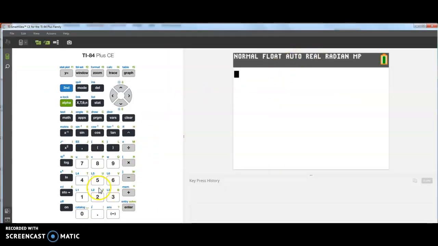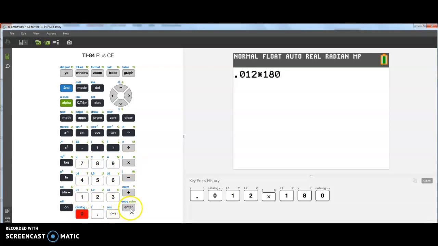So here in my calculator, I have my decimal 0.012, and I'm multiplying that times the original 180. And I get my answer of 2.16, and then I'm going to add that amount. So I just hit add because my calculator knows the answer I just got to the 180.